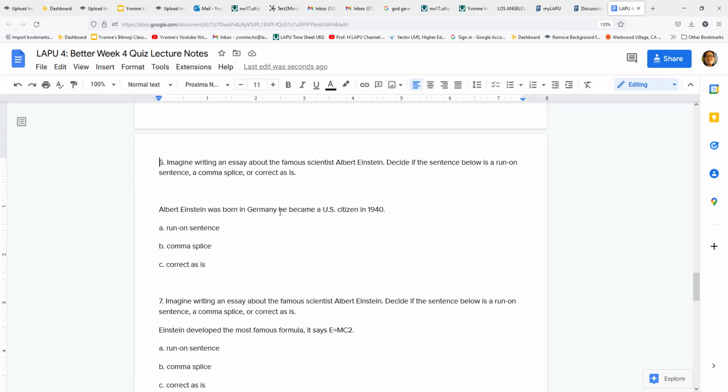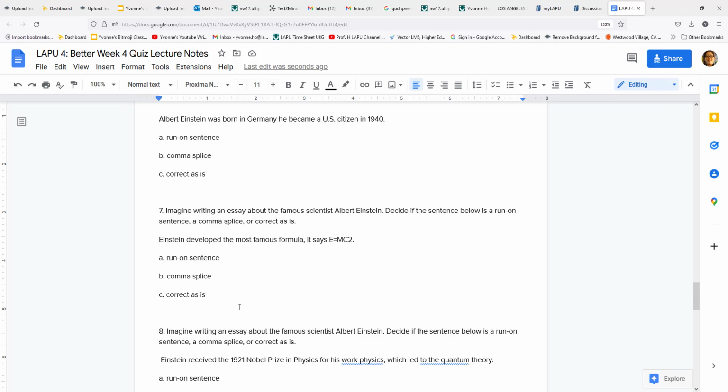If I put a comma there, then it becomes a comma splice. Obviously, it's not correct as is, because whenever you have a complete thought, you have to put a period, or you insert a semicolon, or you put a comma and a conjunctive adverb or a coordinating conjunction. So this one is a run-on sentence.